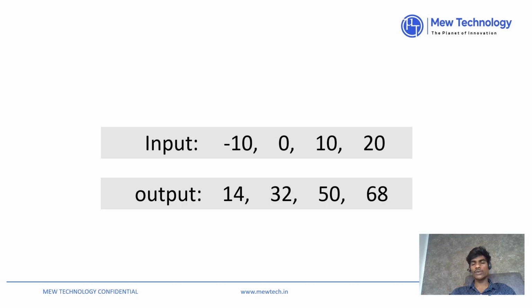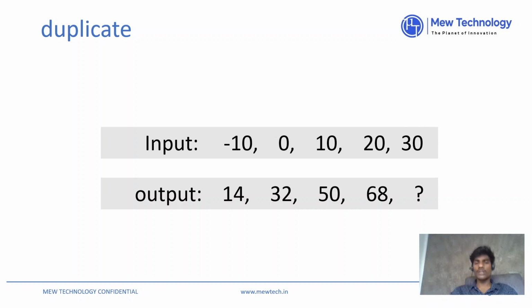Let me ask you one question. Looking at these numbers, if I give 13 as an input value, what is my output value? You just find out the relationship between the input and the output.